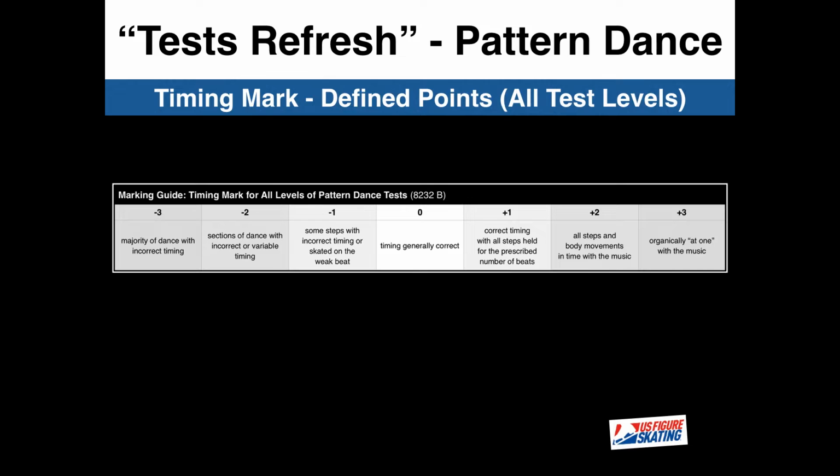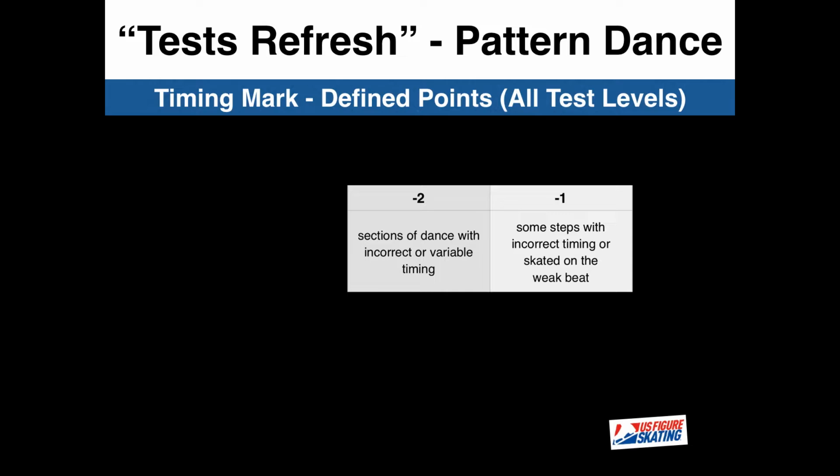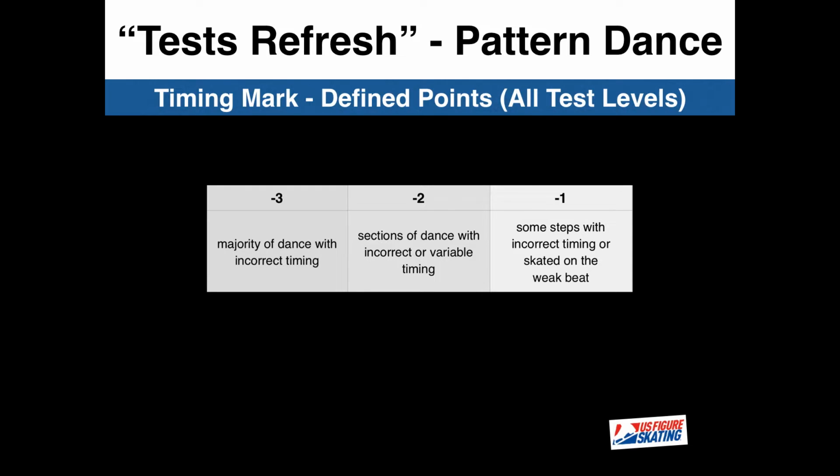We are certainly comfortable with marking timing in the negative to various degrees when the timing is off, and this is reflected in the marking table, with -1 for some steps with incorrect timing or skated on the weak beat, -2 for sections of the dance with incorrect or variable timing, -3 for majority of the dance with incorrect timing.